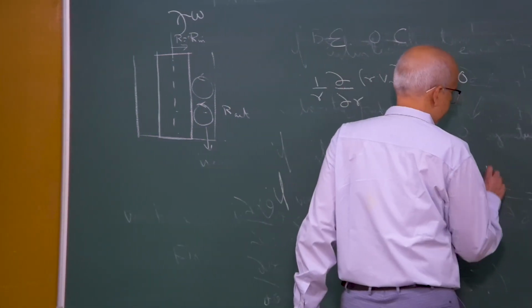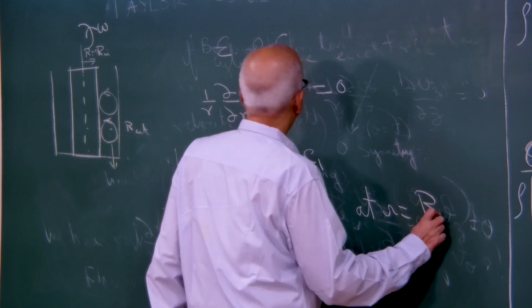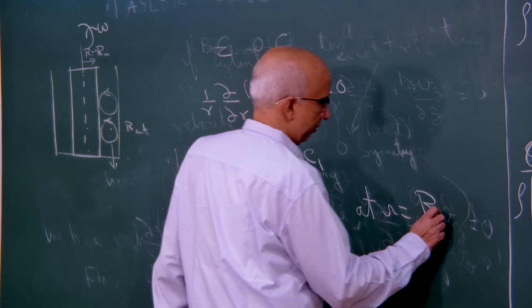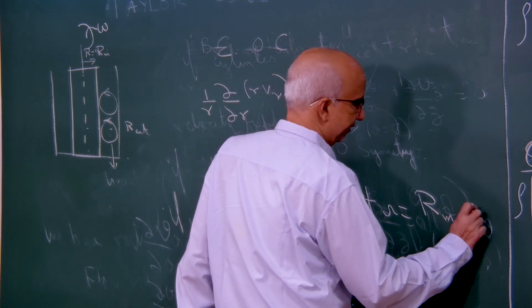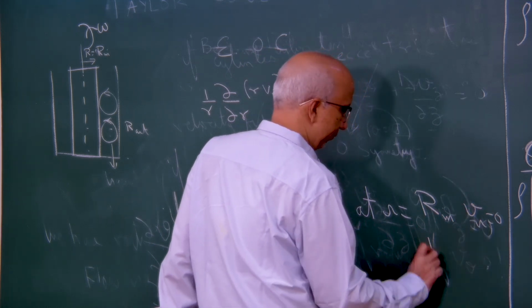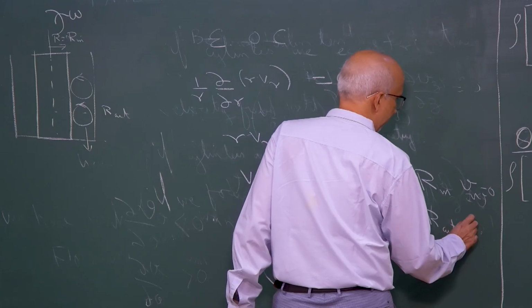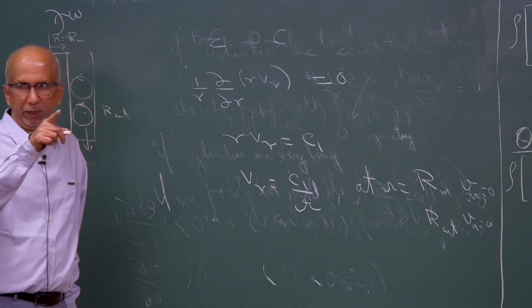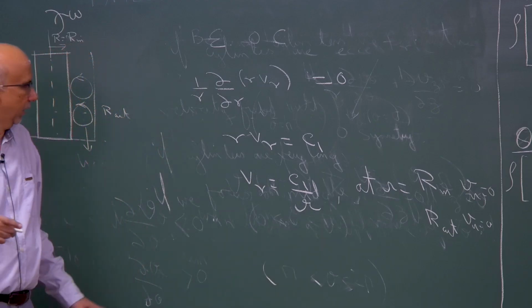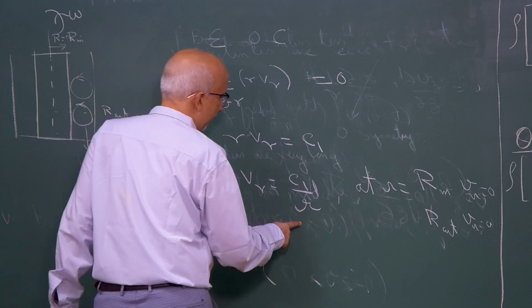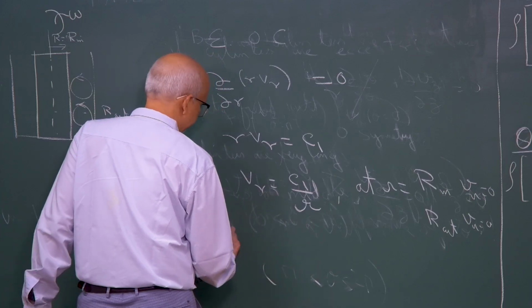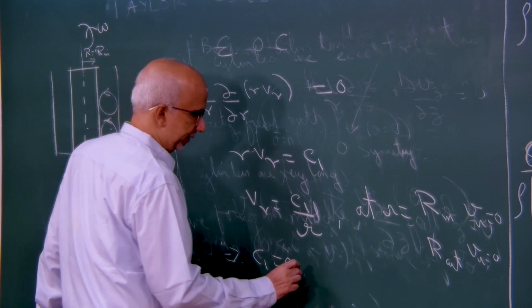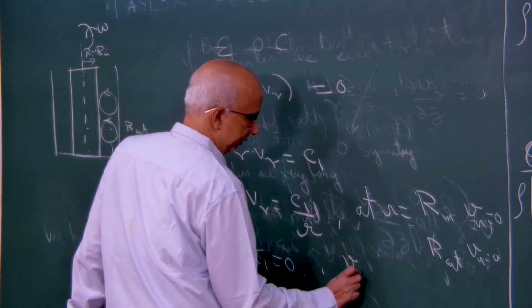Because at r equals R in, the inner radius, V_r is 0. At r equals R out, V_r is 0. That is, the wall is solid, the liquid cannot penetrate it. Therefore, this implies C1 equals 0, and therefore V_r is 0.